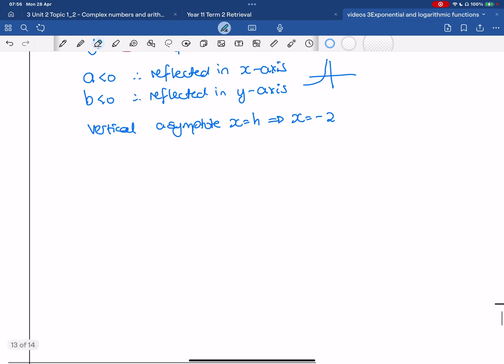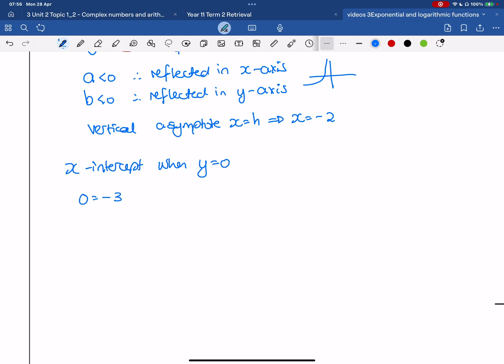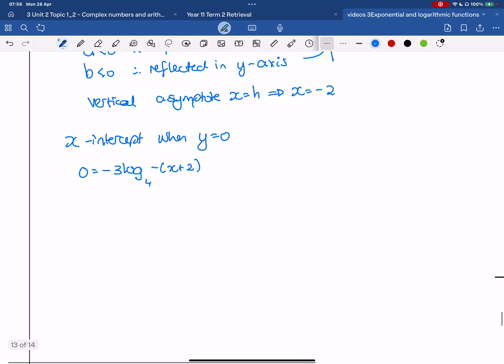So let's start with our x-intercept. x-intercept happens when y equals 0. So we have 0 is negative 3 log base 4 of negative x plus 2. I can divide both sides by negative 3. So I have 0 is log base 4 of negative x plus 2.